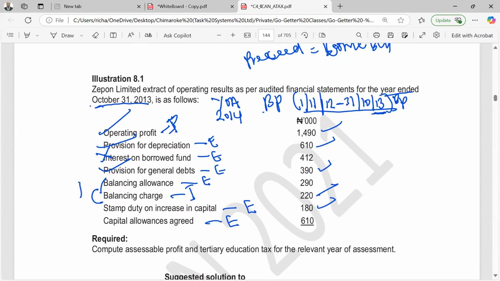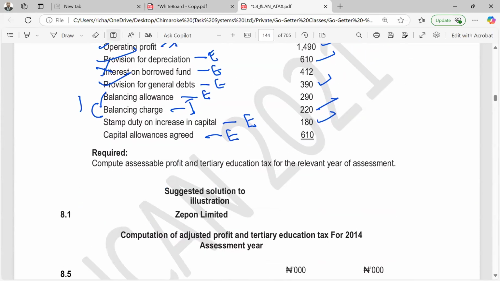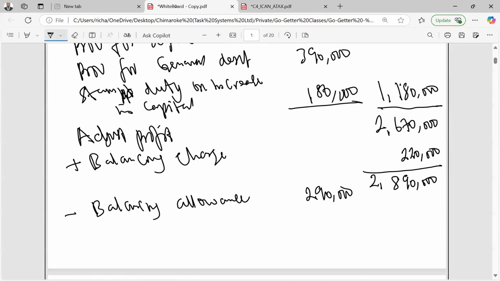Okay. Then we have capital allowance as agreed. Now you don't have to restrict it because this is what was agreed. It has been done for you. Capital allowance 610. Will you add these two here?